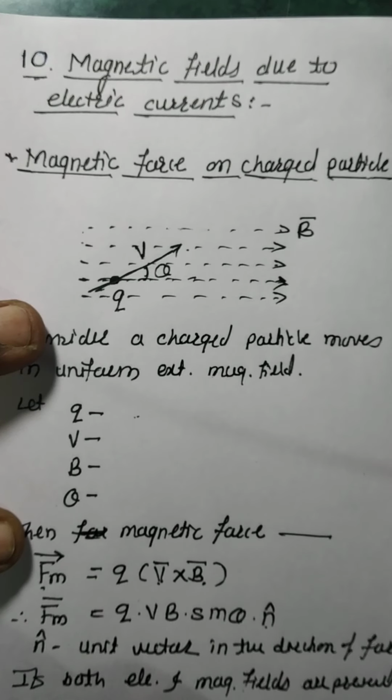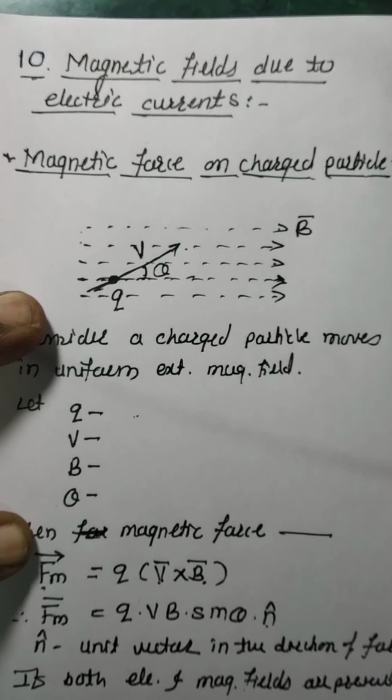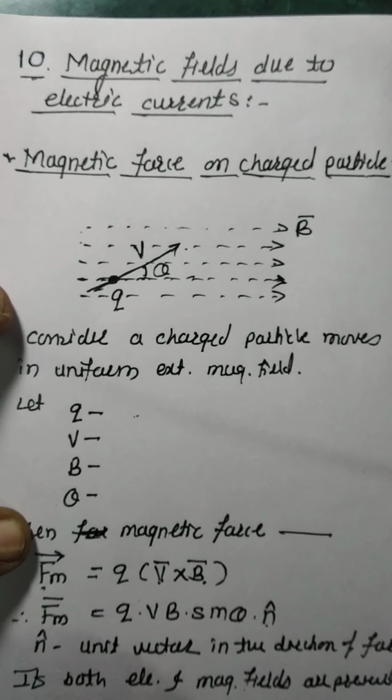Electric intensity at any point in an electric field is the electrostatic force acting on a charged particle per unit charge, and therefore the electric force is Q into E plus the magnetic force Q into v cross B, where E is the electric intensity of the electric field.